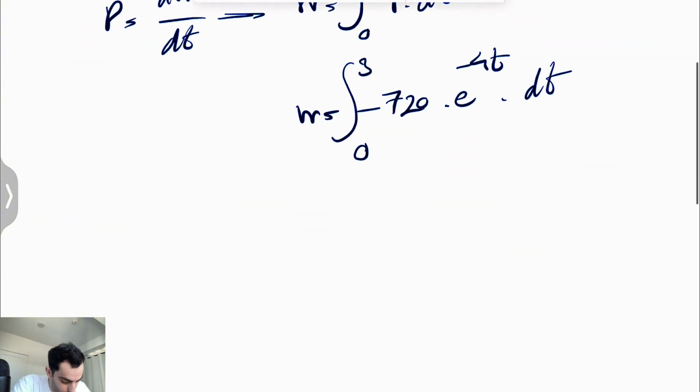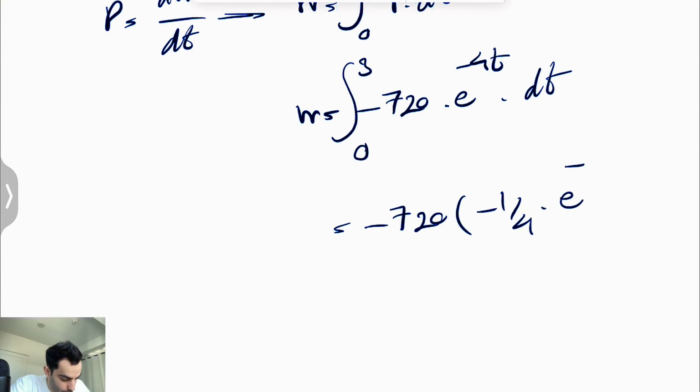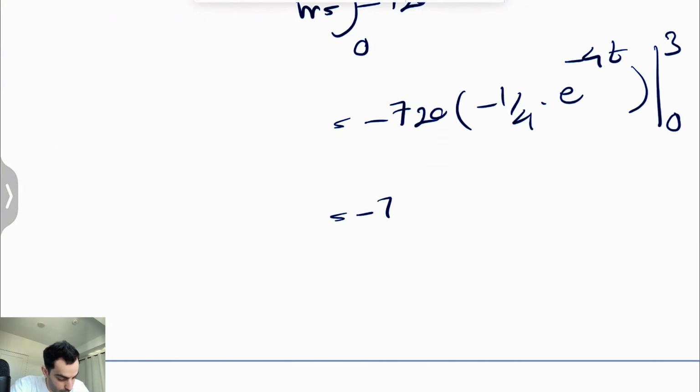And let's see what we get. I'm just going to take out the minus 720, and this is going to be minus 1 over 4 e to the power of minus 4t, going from 0 to 3 seconds. Let's see what we get. Minus 720. We can actually bring the 4 out, so e to the power of minus 12 minus 1.